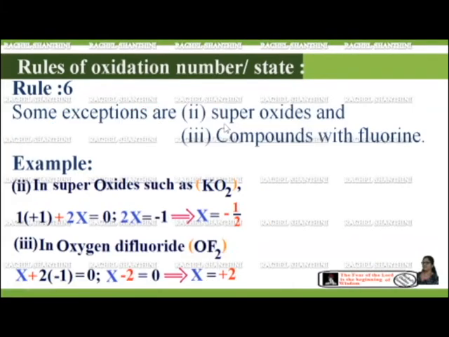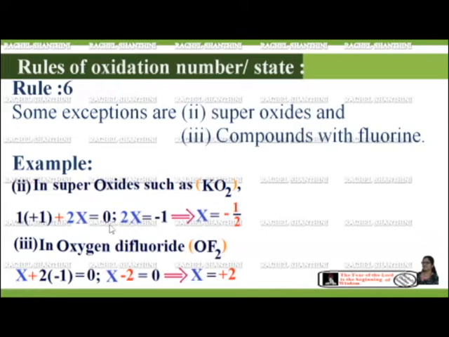Let us calculate the oxidation number of oxygen in superoxides. For this, let us take potassium superoxide as an example. Assume the oxidation number of oxygen as X. We have 1 potassium, so 1 into the oxidation number of potassium, which is plus 1, plus we have 2 oxygens over here, so 2 into X is equal to, we know the algebraic sum of the oxidation states of all the atoms present in a molecule is 0.